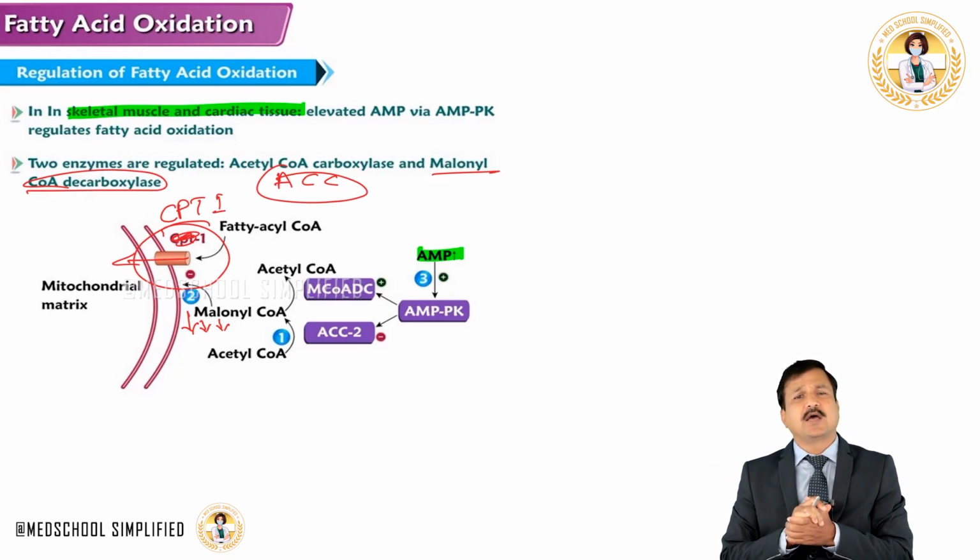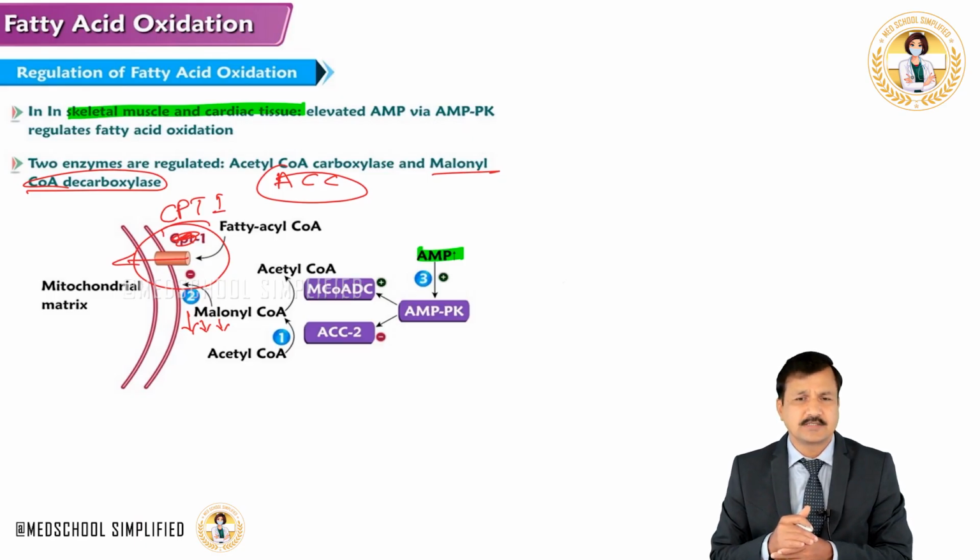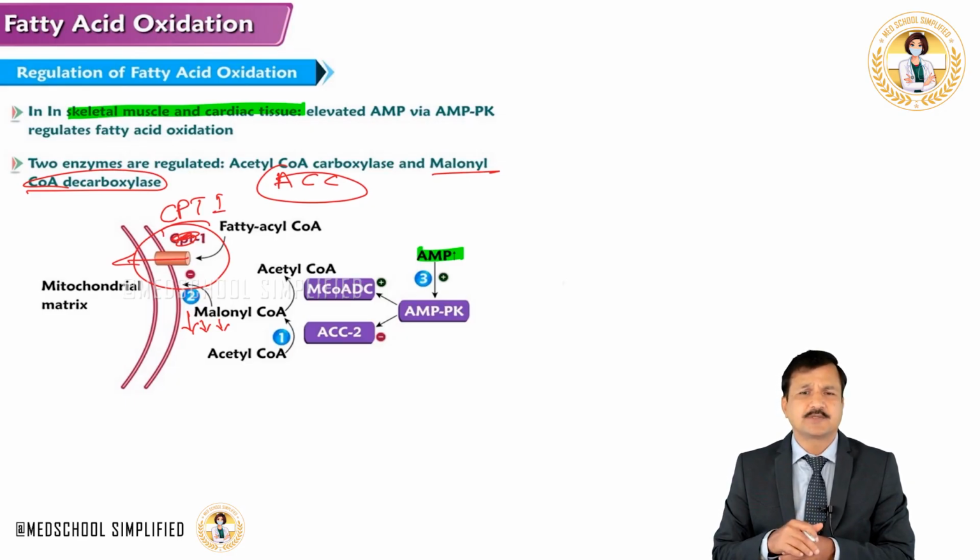And that is done by epinephrine, glucagon, and also during exercise, AMP, which is increasing AMP activated protein kinase. Okay, so two enzymes that you need to remember here: one is acetyl-CoA carboxylase, the other is malonyl-CoA decarboxylase. When acetyl-CoA carboxylase is inhibited, malonyl-CoA levels will decrease.